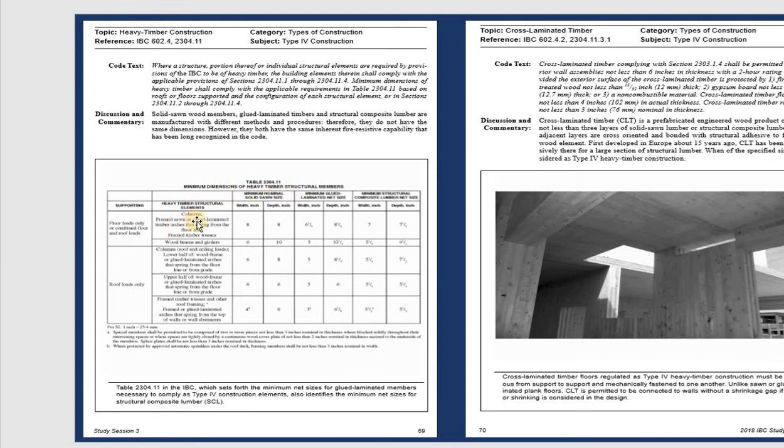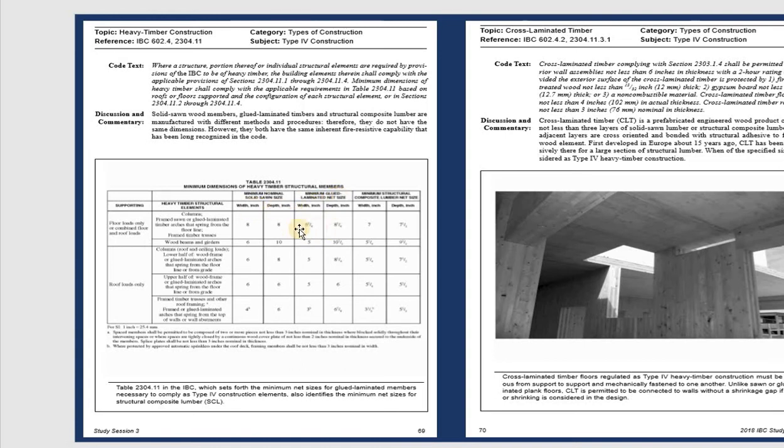In table 2304.11 they show you some of the dimensions for heavy timber. Some of them are shown in inches. For example, the first one shows 8 inches, and after that the minimum for laminated, glue laminated, and the first one is solid.